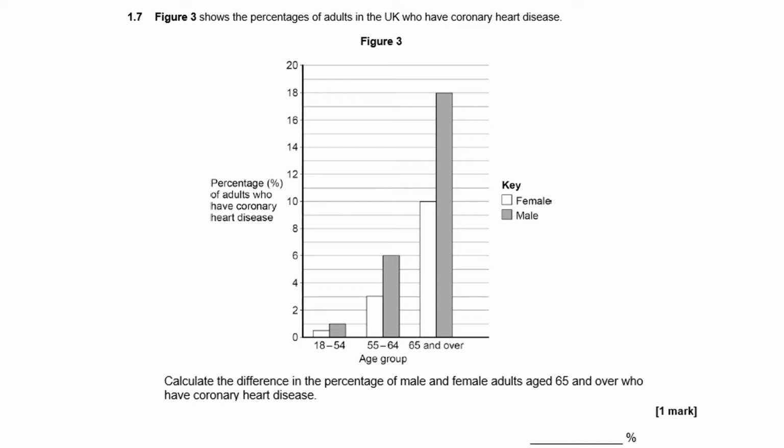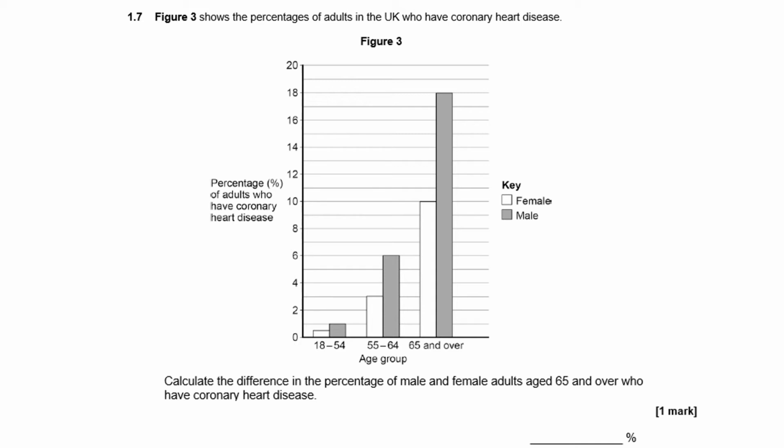So the age groups are 18 to 54, 55 to 64, and then the 65 and overs. There is also a key. So the darker bar, the grey bar, is for males, and the clear bar is for females.